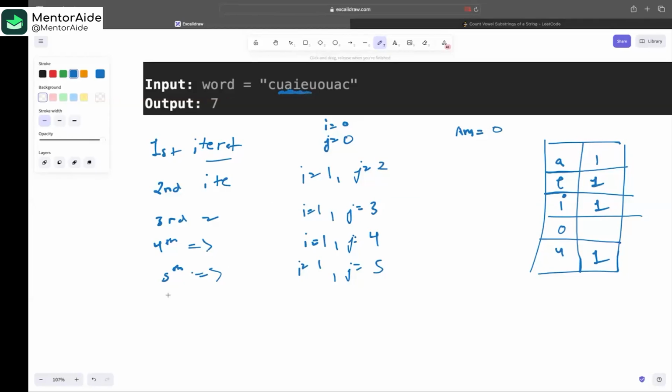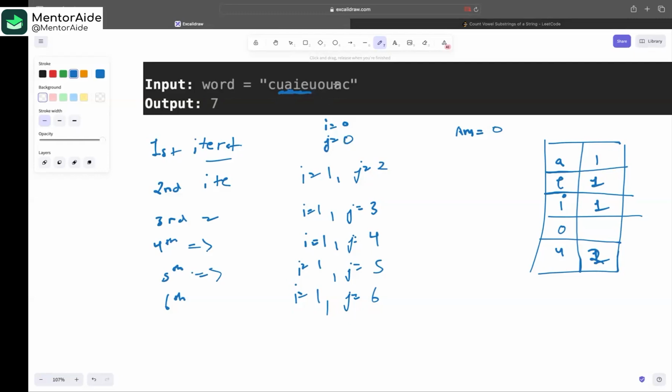Next one. I should be still 1. J would be what? 6. Yes, repetition is allowed. And then what? We'll increment U, and still the size of hash map is not 5, so we'll again move J. Let me check whether the value of J is correct or not. 0, 1, 2, 3, 4, 5, 6.